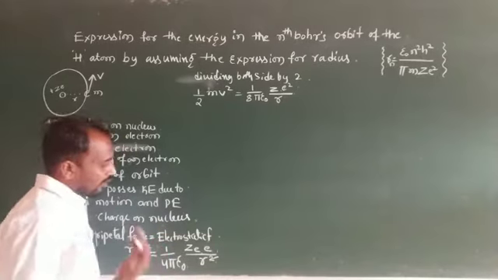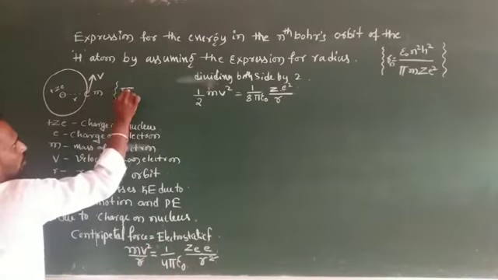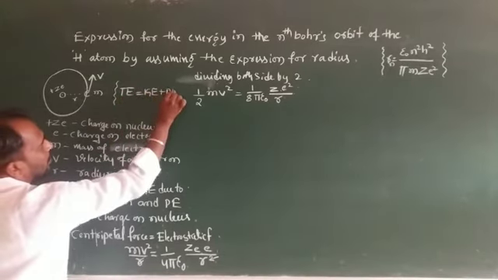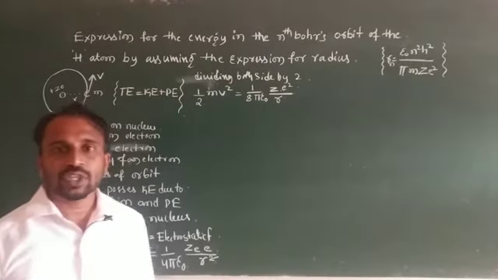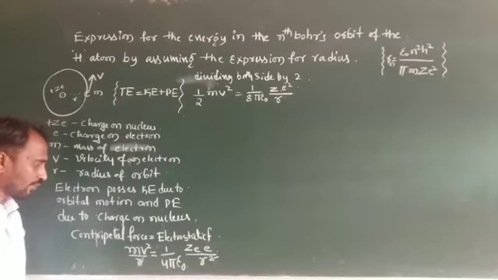We already know that total energy is equal to kinetic energy plus potential energy. We have already obtained the kinetic energy, and now we want to calculate the potential energy.